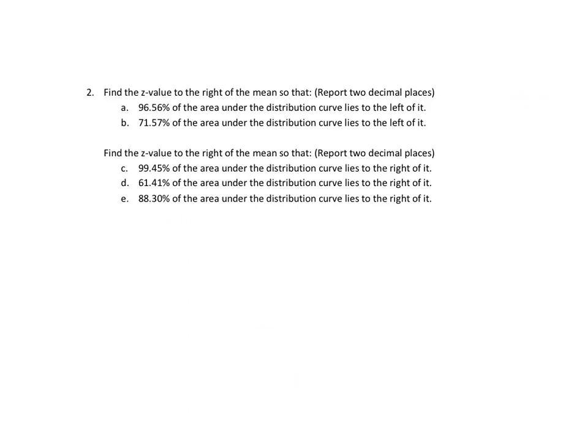Find the z-value to the right of the mean so that that area is to the left of it. So the first thing you want to do is draw your picture. 0.9656. There's a line here. This is the Z I'm looking for.